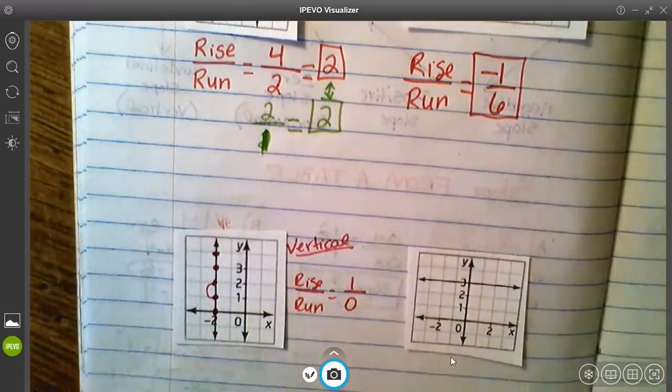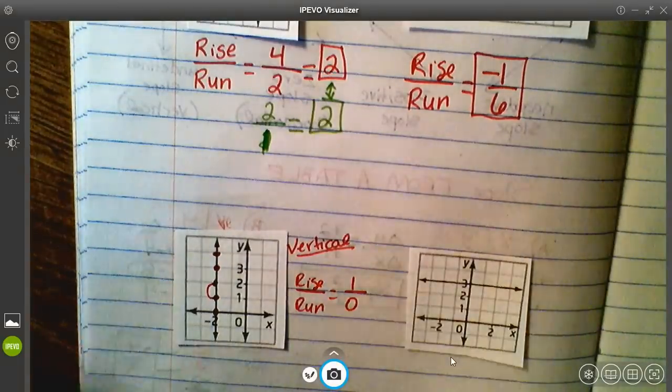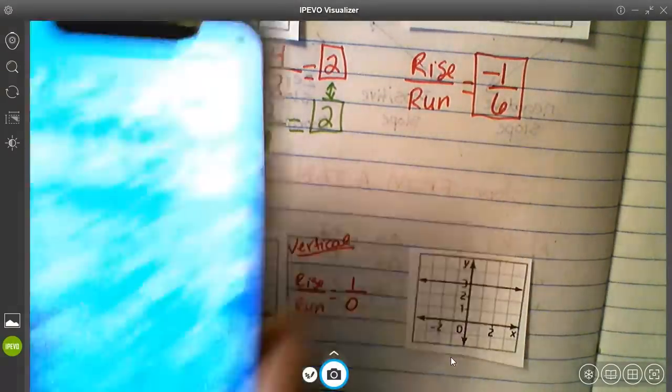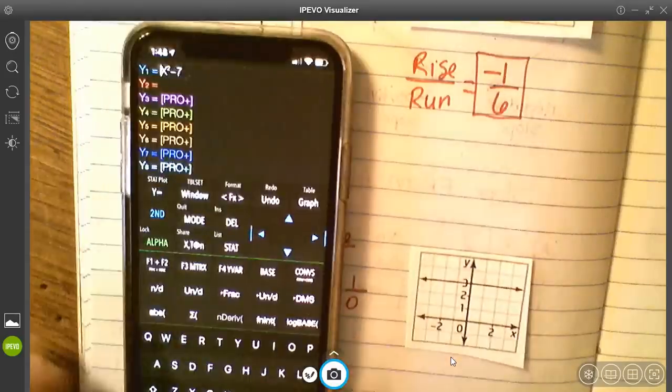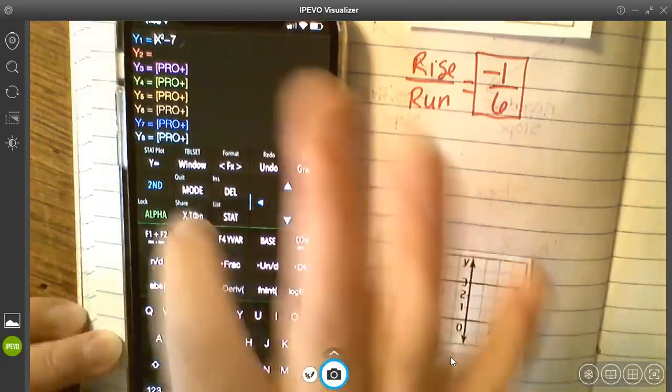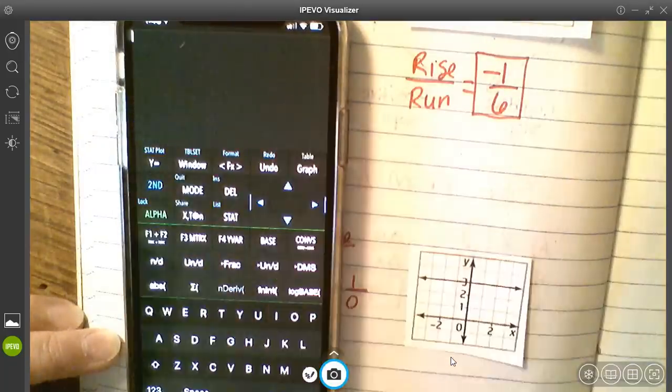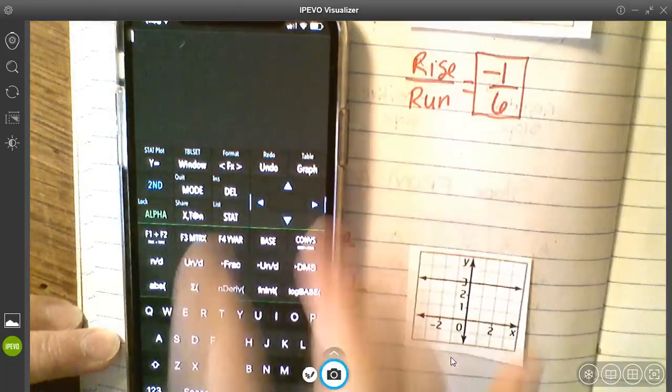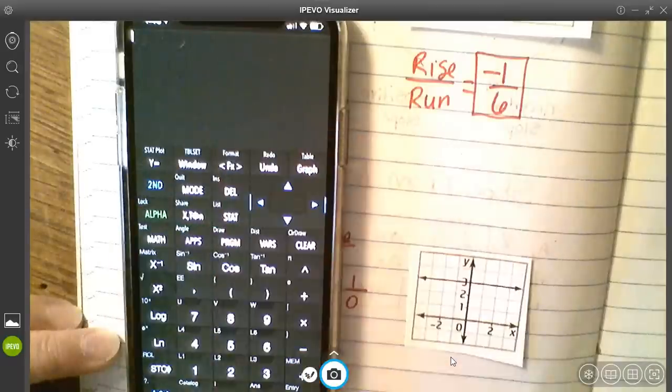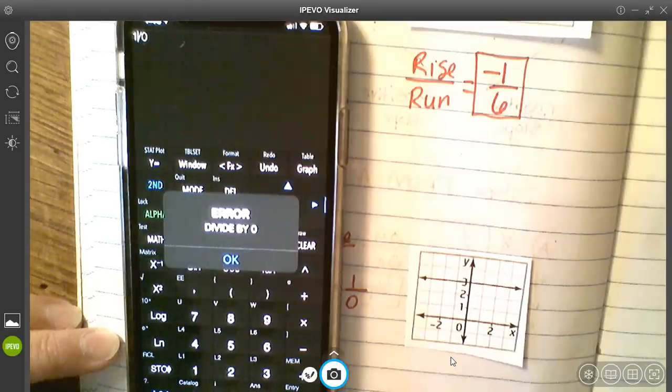If you remember, you can never divide by 0. Here I'm going to use my calculator app that I downloaded, and you can download if you want to. And we said it was going to be 1 divided by 0. Okay, if I put enter, what does it say?